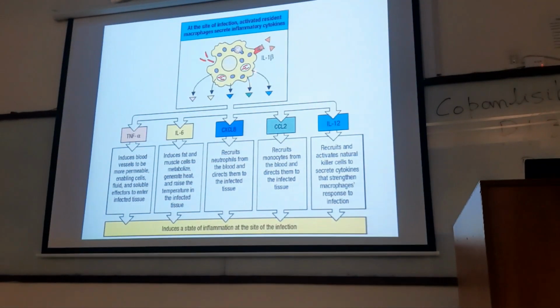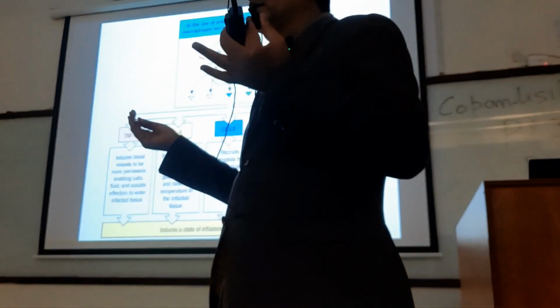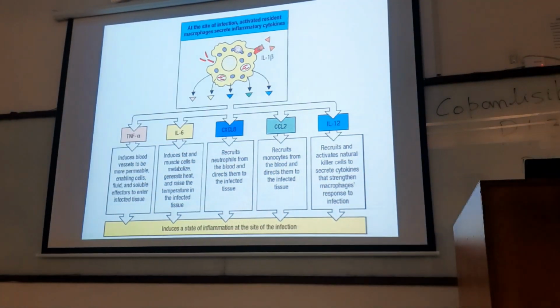When they come in contact with the pathogens, then the life of the macrophage, just like the neutrophil, is finished. The neutrophil is not going to survive longer once it has come in contact with the pathogen. Why? I would also tell you about that.